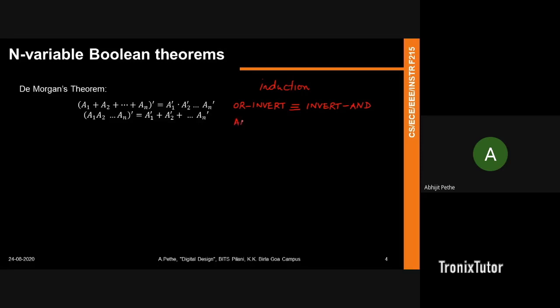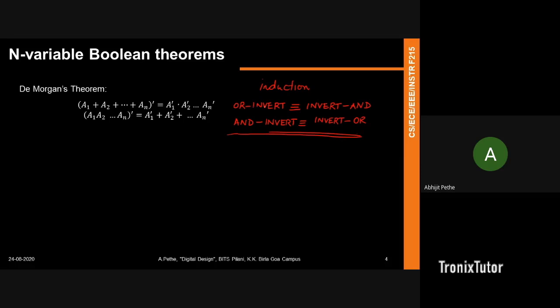And the dual of that would be AND invert is equivalent to invert OR, right? So if you're going to move the invert from after to before, then you need to flip the OR to AND, right? This is important to keep in mind because you'll be using it a lot when you're going to implement these functions at the gate level, right?